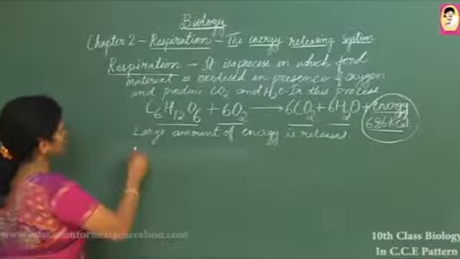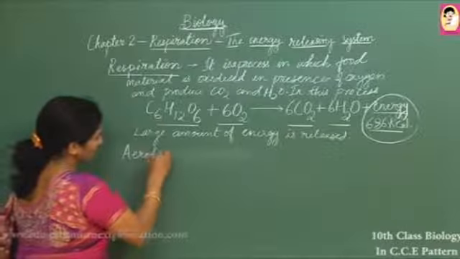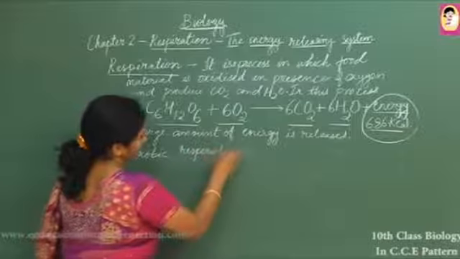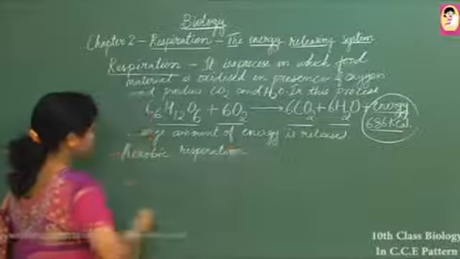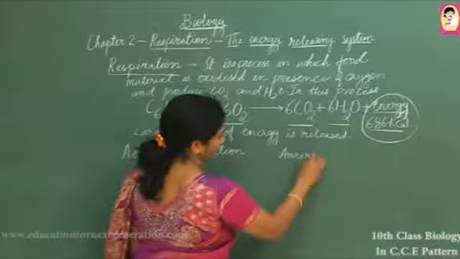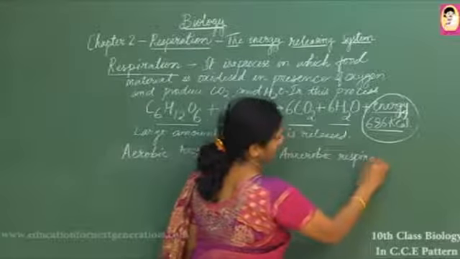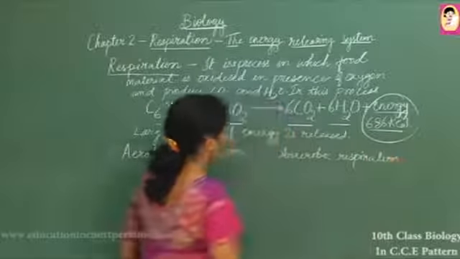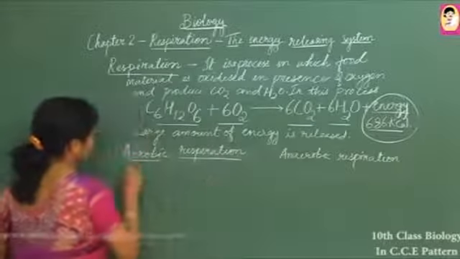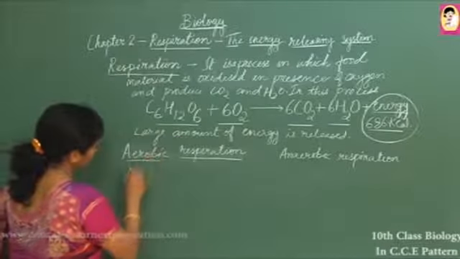Types of respiration. There are two types of respiration. One is aerobic respiration and the second one is anaerobic respiration. Aerobic respiration, as the word itself suggests, needs oxygen for that process.